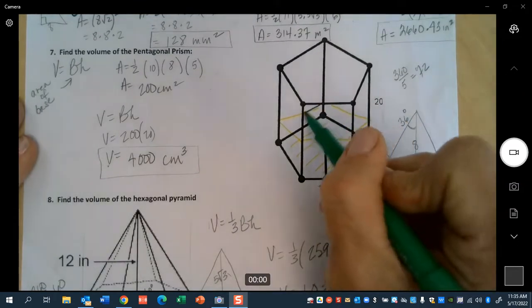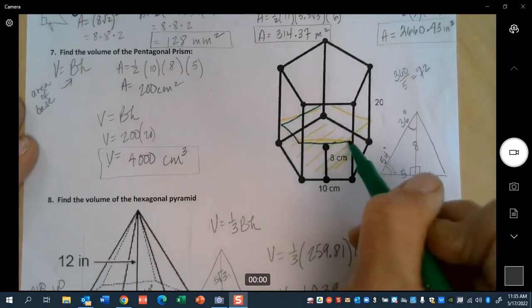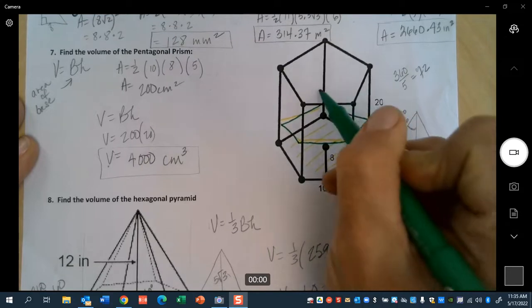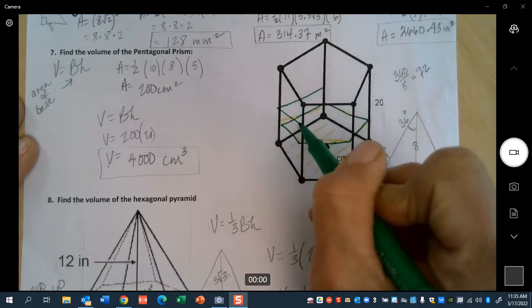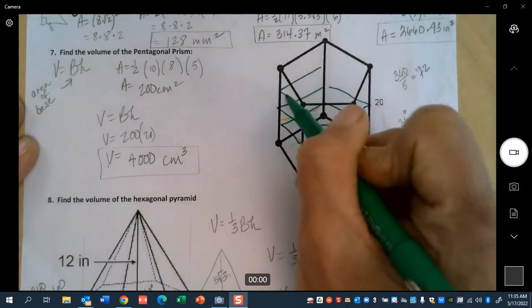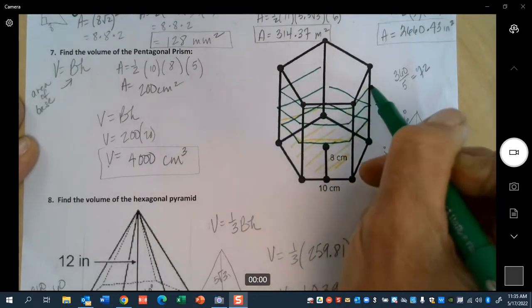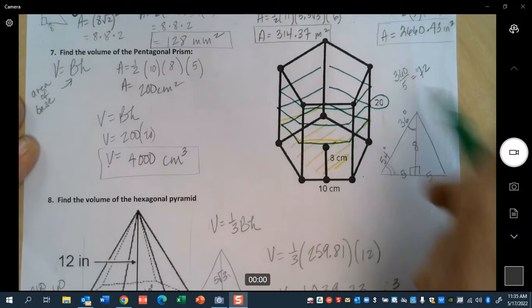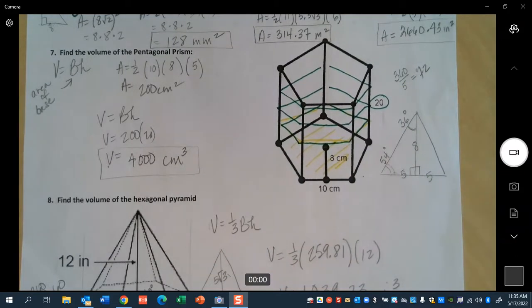So here's one layer, and then here would be another layer. And I can repeat this 20 times, right? And that's why my volume, what is your capacity? 20 times 200, 4,000 cubic centimeters.